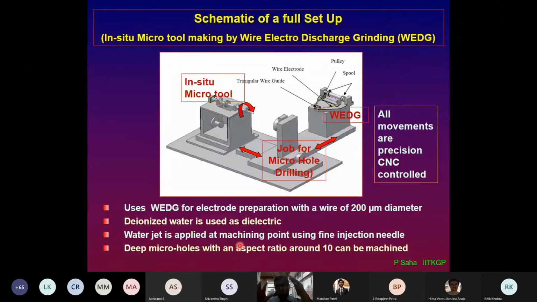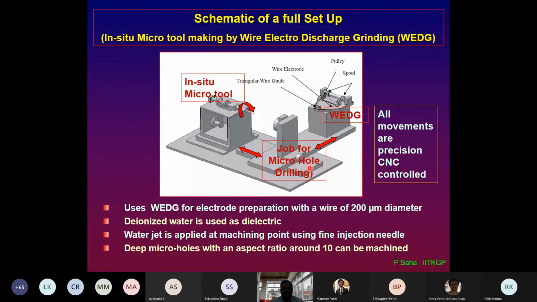So how, as I said, will the in situ tool manufacturing, the wire method plus the job machining method, be done? Say here this is my platform. They are connected with some CNC device. Here this is the micro tool and this is the job holding device.